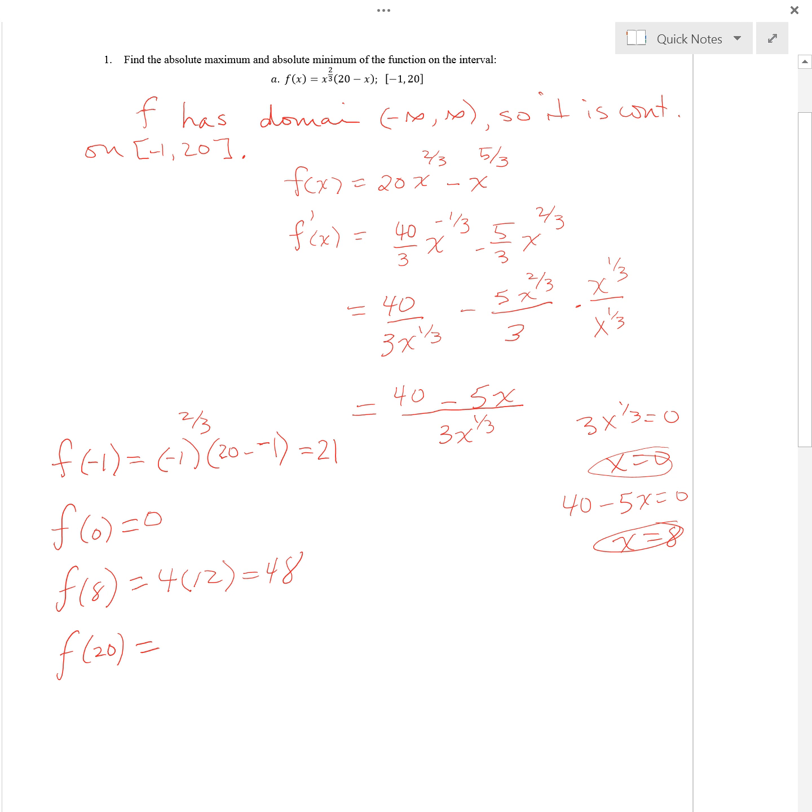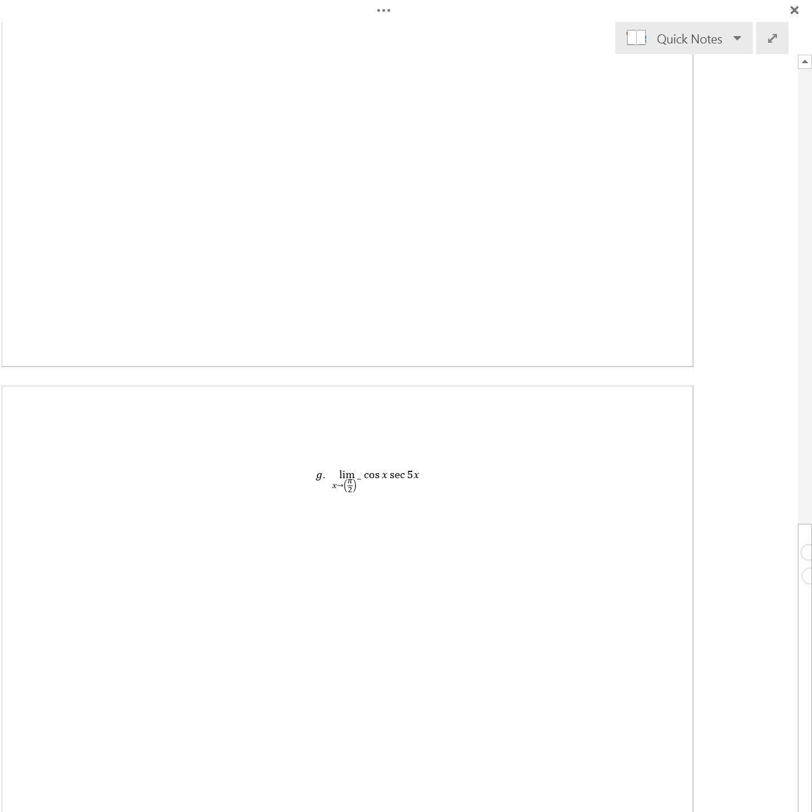And then 20, I'll have 20 to the 2/3 power times 20 minus 20, which is 0. So notice that my absolute max is 48, and the absolute min is 0. That's my highest and lowest y value I get back.